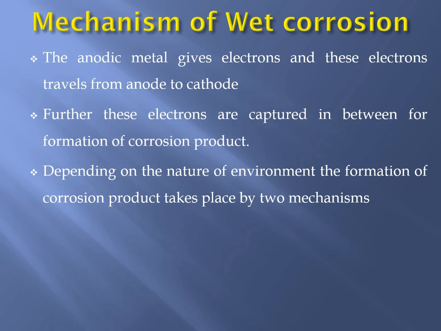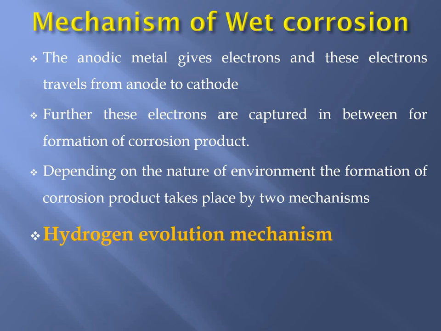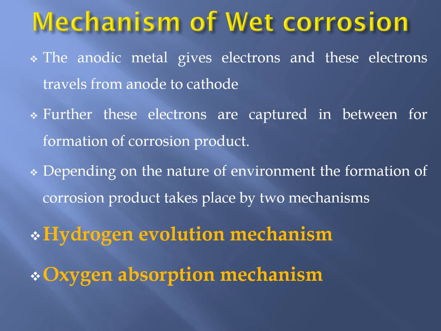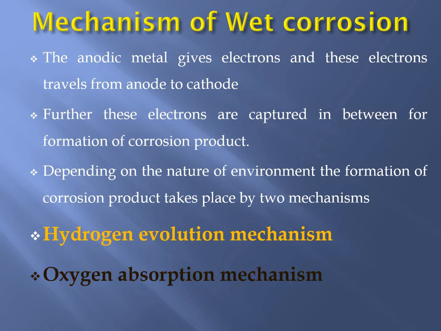So simply, depending on the nature of corroding media, electrolytic solution, two different types of corrosion products are obtained, and this can be explained by two mechanisms. First is called the hydrogen evolution mechanism, and second is called the oxygen absorption mechanism. In this session we are going to discuss the oxygen absorption mechanism.